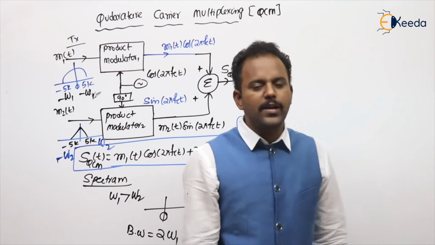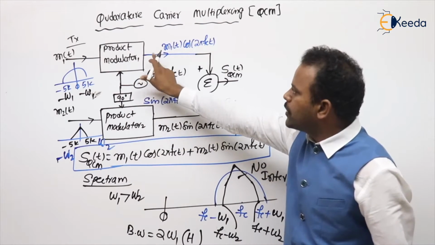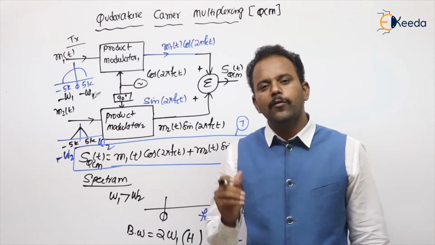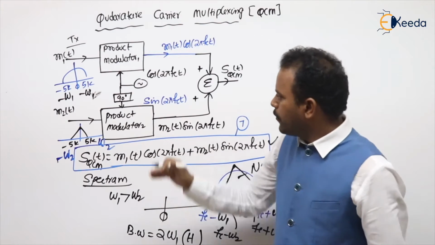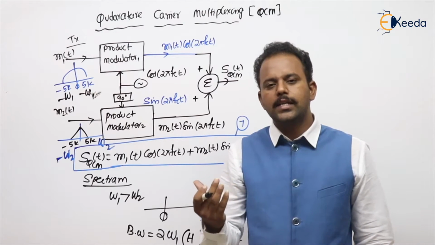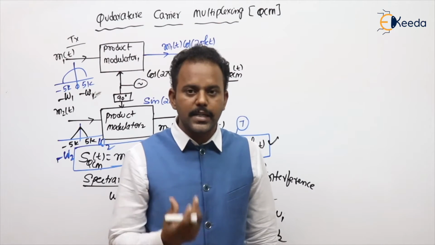Now coming to the receiver side, what modulation technique did we use? Product modulator, which means DSBSC. What is the technique for demodulation of DSB, sir? Synchronous detector. And we have 2 carriers, so I can take 2 synchronous detectors in parallel connection. What is a synchronous detector, sir?